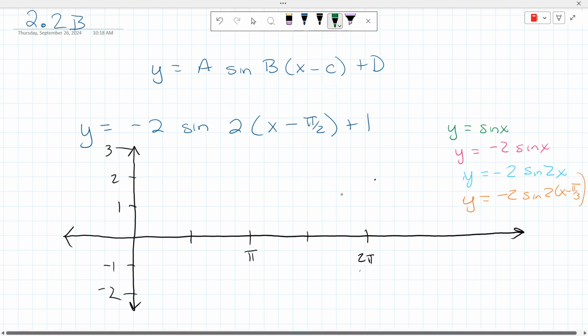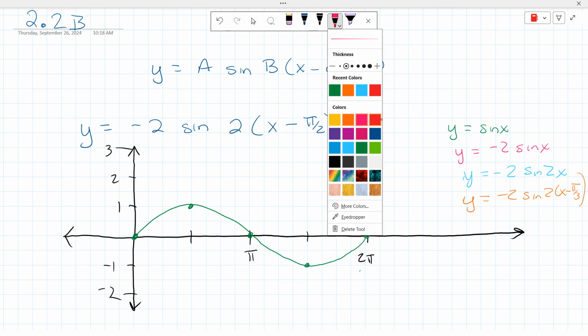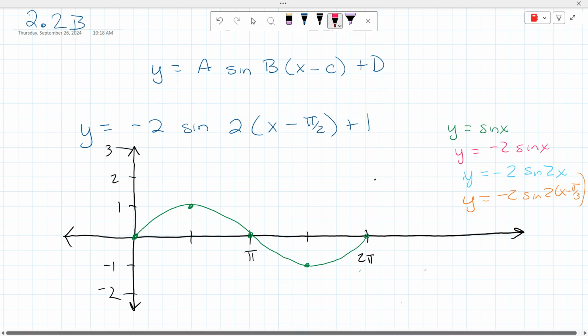So we're first going to graph y equals sine of x. Where does sine of x start? 0. So I go 0, 1, 0, -1, 0. Then what does -2 sine of x do to my graph? Stretches it how?